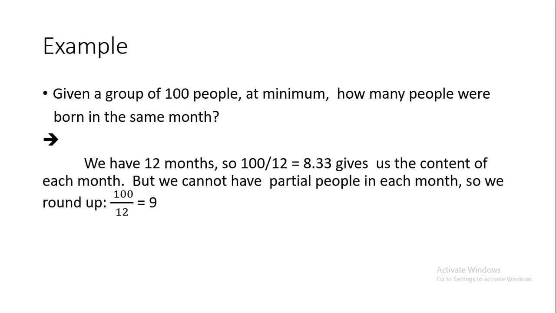More than 9 people can also be born in the same month, but we have to find the at least count, and here we got that count: at least 9 people were born in the same month in the group of 100 people.